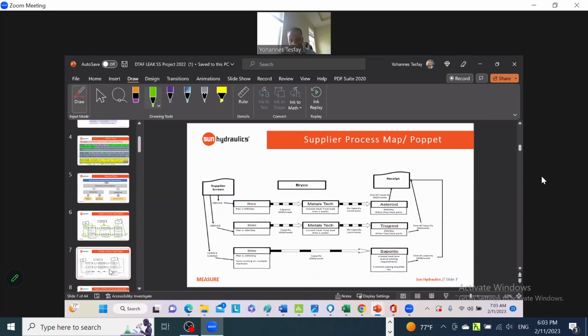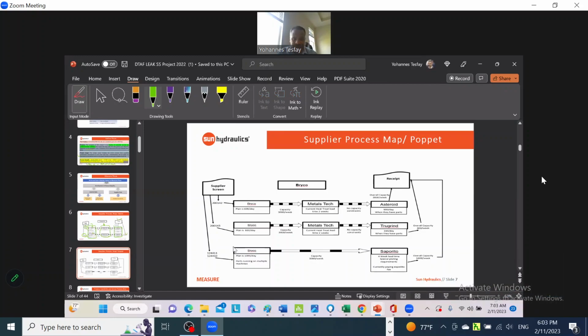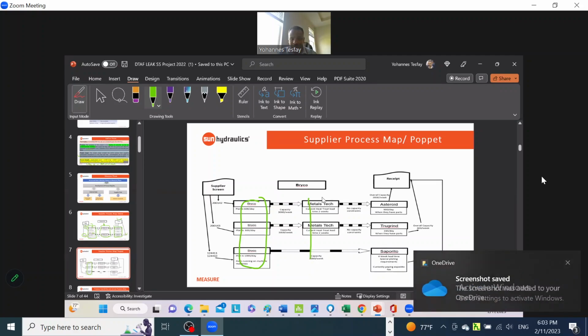And the other is these, the poppets. So how many companies here? Braico is going to do the first operation. Then Metaltech is going to do the second operation.